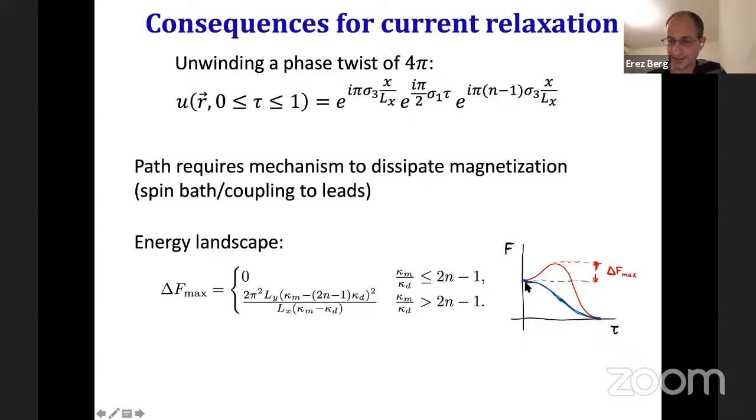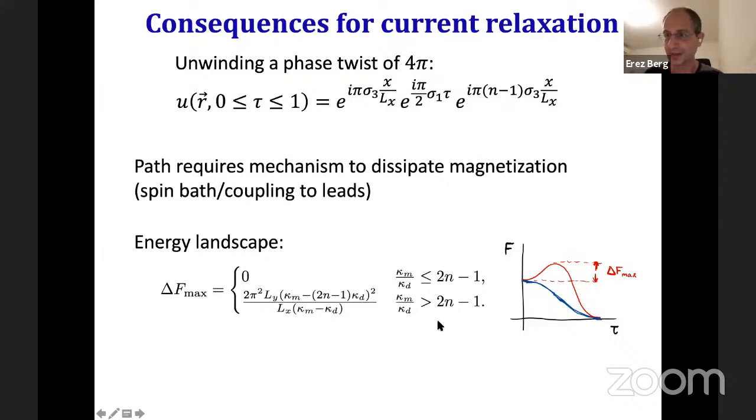And it looks like this red curve. There might be some finite free energy barrier, or if the number of windings is big enough, it pays to actually unwind the phase continuously without any free energy barrier. So you can just insert this expression into the free energy and find the free energy along this path.